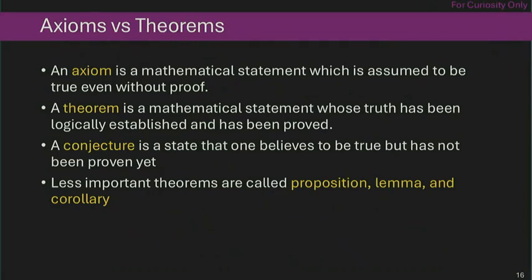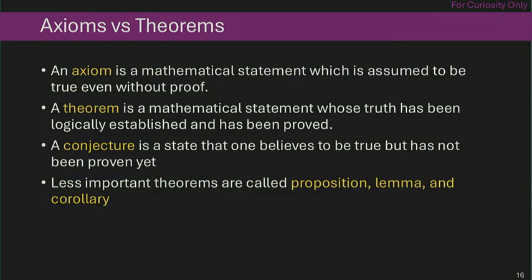All right. So now we're coming back to Mitchell's question earlier, the difference between axioms and theorems. An axiom is a mathematical statement which is assumed to be true even without proof. Essentially, the way it works is we first define those axioms based on the two operators, AND and OR, and they're assumed to be true. In some sense, we build the AND gate and OR gate because those axioms are true.